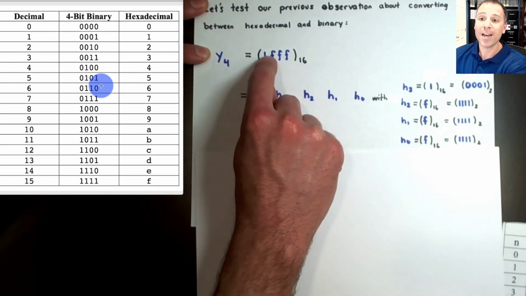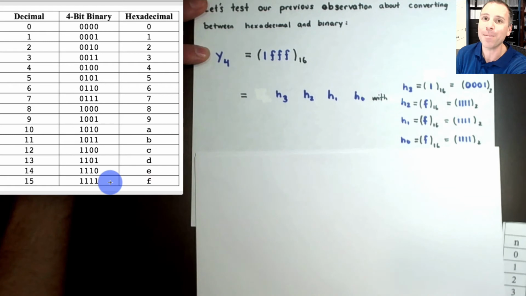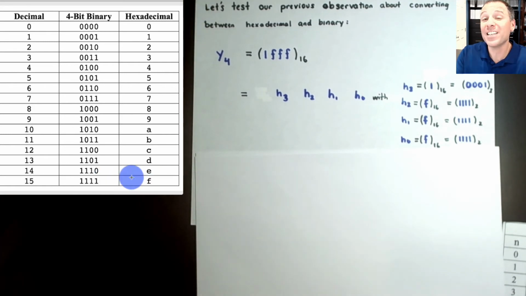The 4-bit binary representation for F, well, right now we're going to actually use our table, but I highly encourage you to memorize this. Of course, you could also have the option of getting this tattooed on your forearm, and yes, if you get a tattoo of the decimal 4-bit binary hexadecimal table on your forearm, you can use that in any test that you ever want, and it won't be cheating because you're never going to forget that.